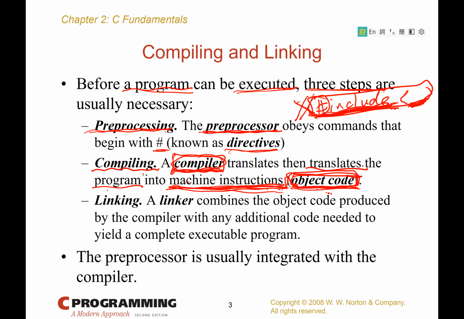So the compiler translates a high-level language like C into machine code, which is binary code, ready for the computer CPU to perform its task given by this machine instruction, the so-called object code.